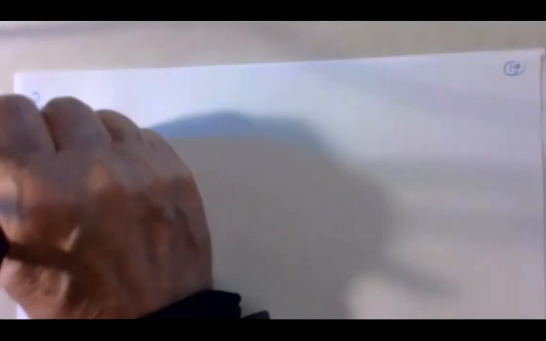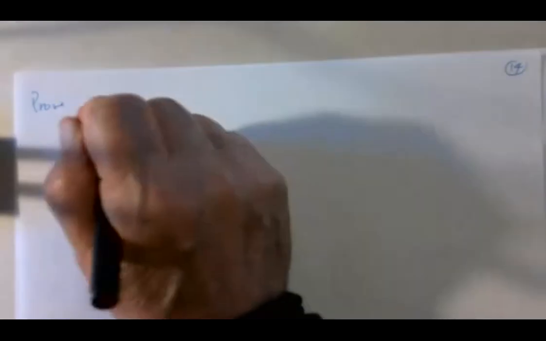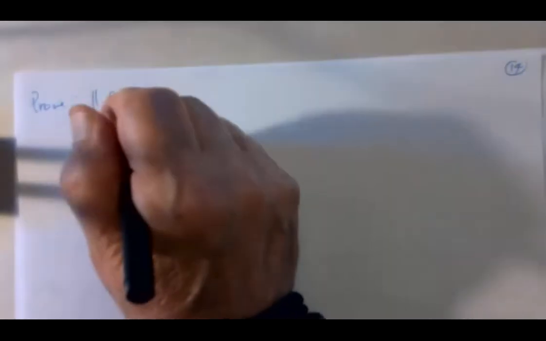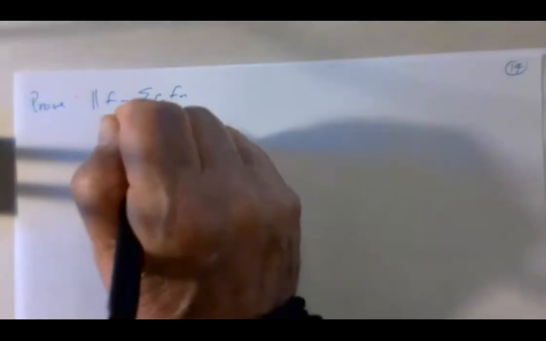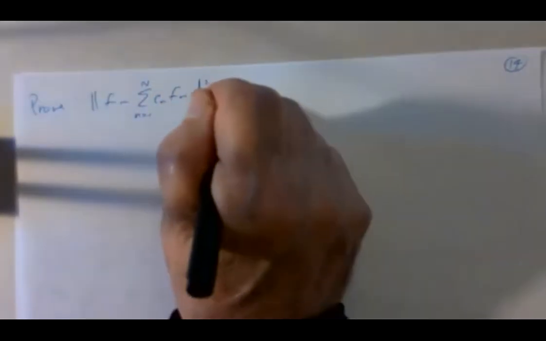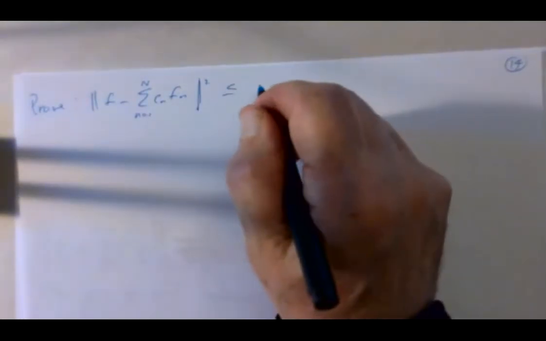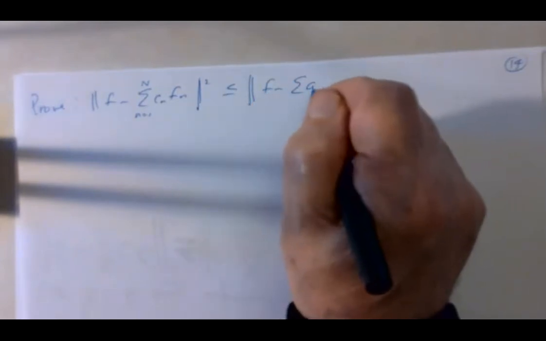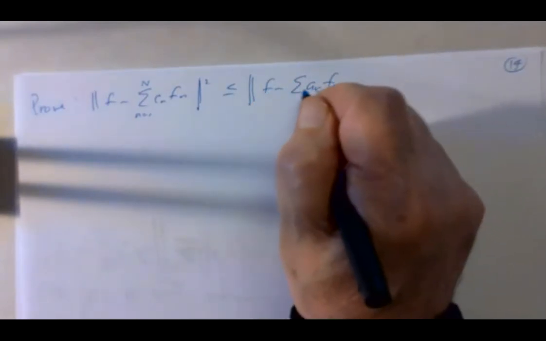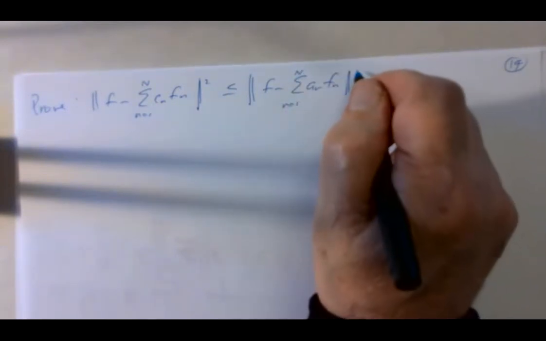So what we want to prove is that the mean squared error of the Fourier series is never bigger than the mean squared error of any linear combination of your functions fn.